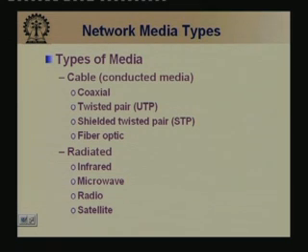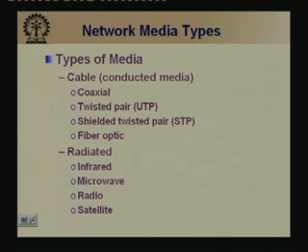The twisted pair, sometimes they are actually unshielded twisted pair or UTP. Sometimes we simply call them twisted pairs since they are more common. There are shielded twisted pairs also. And then of course, one of the most important cables these days is the fiber optic. So, these are the different types of cables that we use in networks.